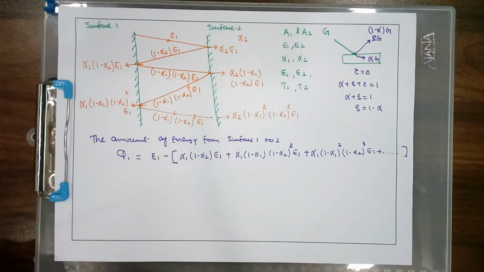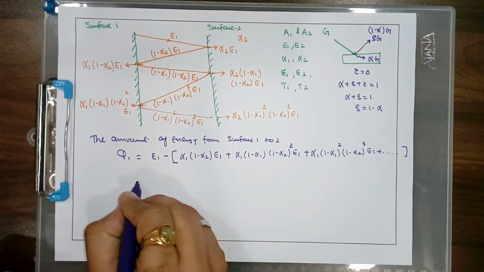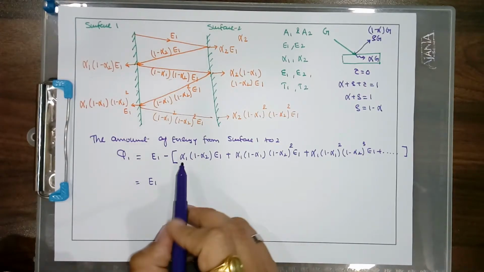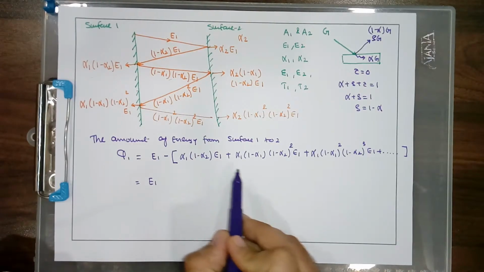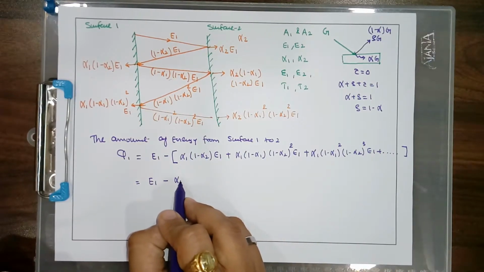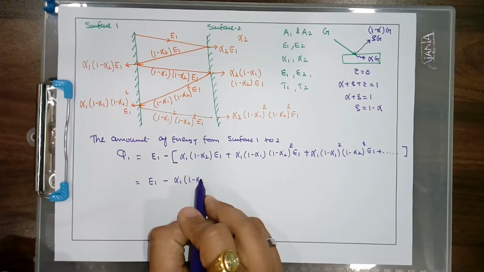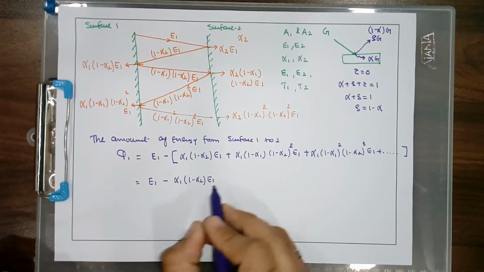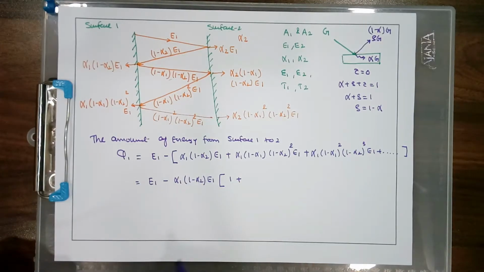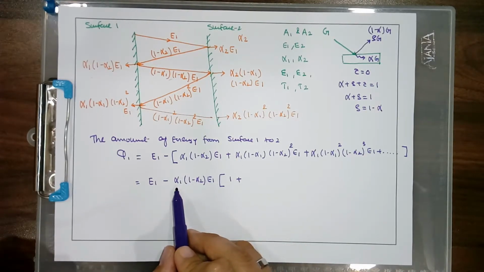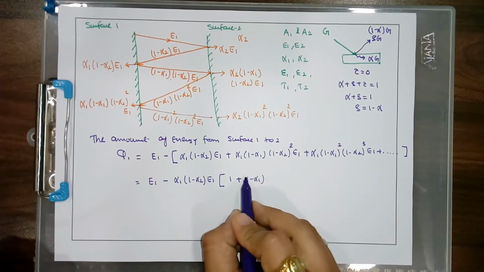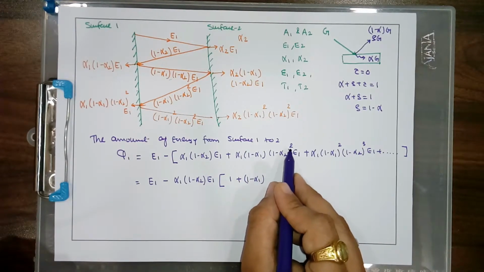Now I'm taking the first term common. Alpha 1 (1 minus alpha 2) E1 is contained in all the terms, so I take it out from all the terms, and the remaining term here is 1. Alpha 1 is common from this bracket, and 1 minus alpha 1 is the remaining term, times (1 minus alpha 2) to the power 2.